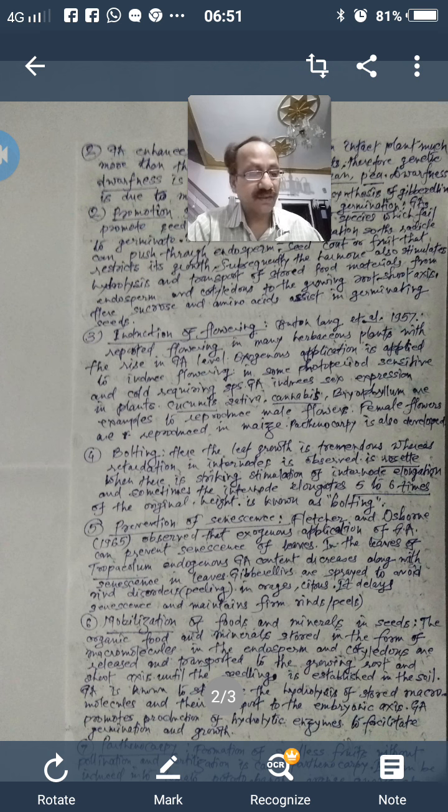Gibberellins are sprayed to avoid rind disorders, meaning peeling disorders, in oranges, citrus, and many such fruits. It delays senescence and maintains firm rinds and peels.